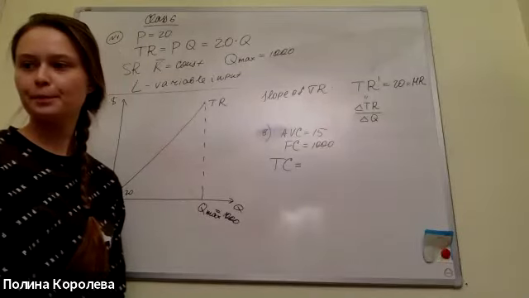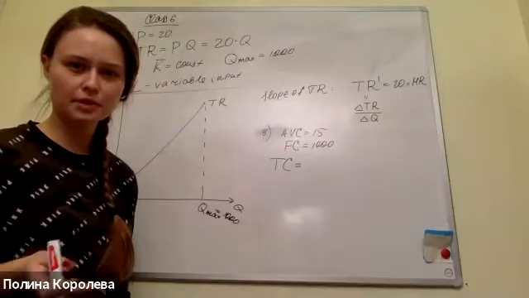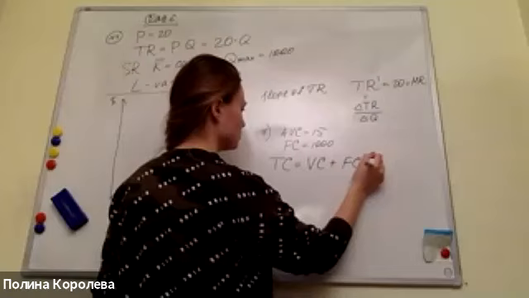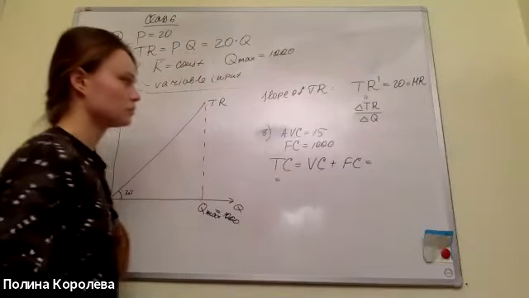Anastasia, please. From the definition, total cost is the sum of variable cost and fixed cost.